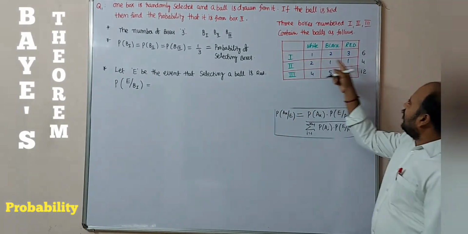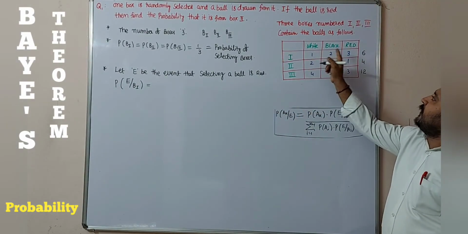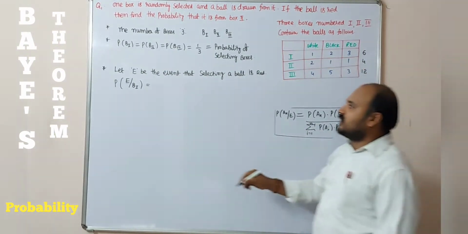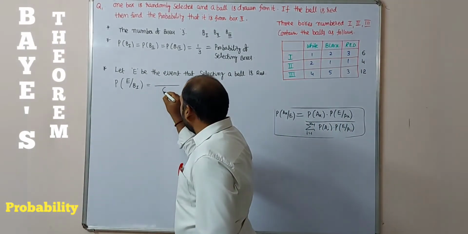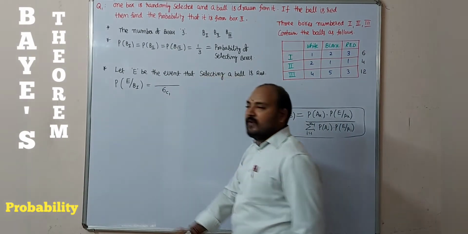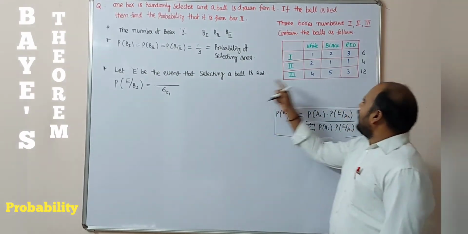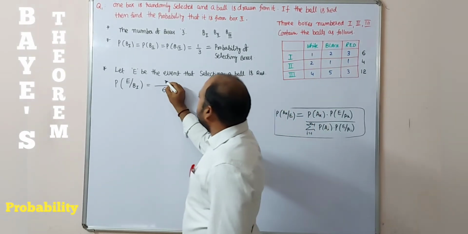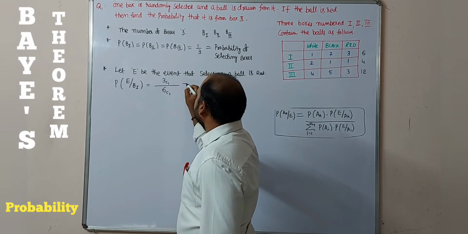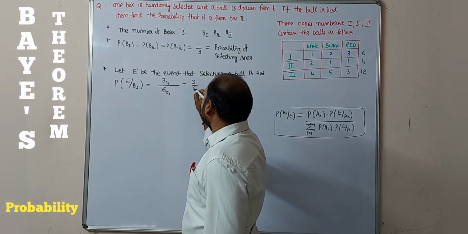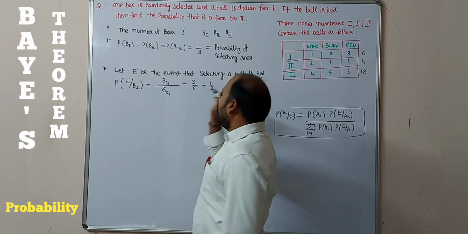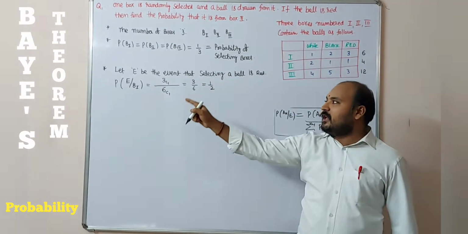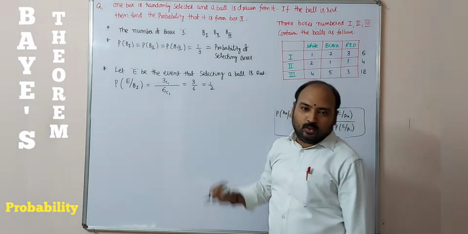In B1, total how many balls are there? 1 plus 2 plus 3, total 6 balls are there. Out of 6, 1 ball you can select in 6C1 ways. How many red balls are there particularly? 3 red balls are there. From that we can select one, so 3C1 over 6C1, which is 3 by 6, equal to 1 by 2. Therefore, the probability of E given B1 is 1 by 2.